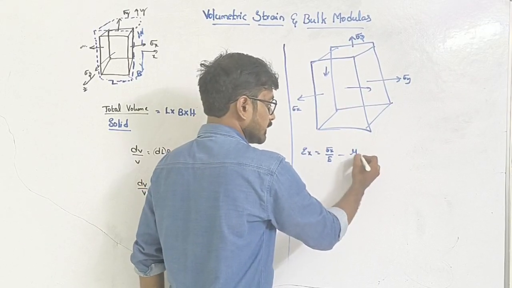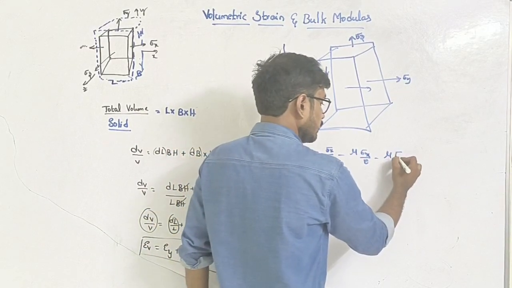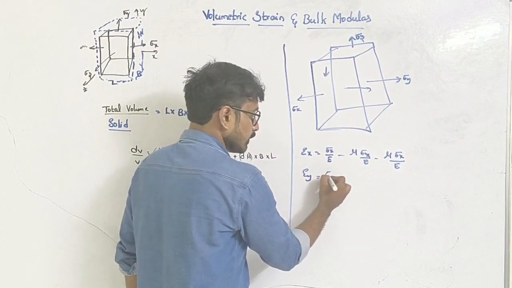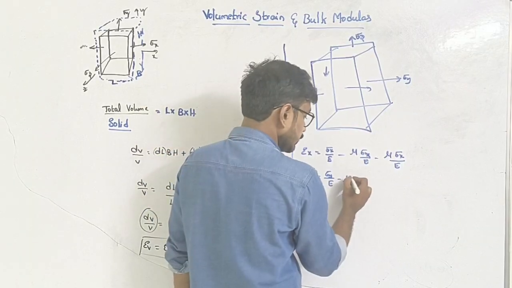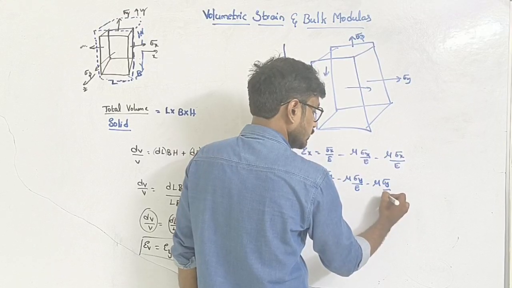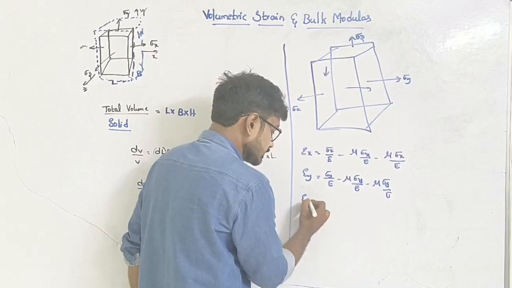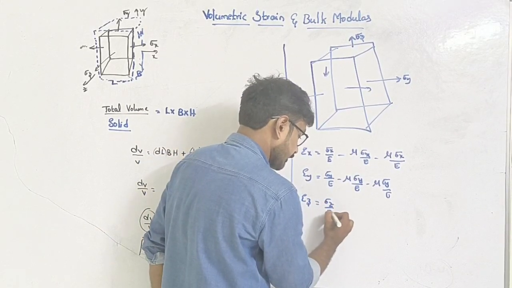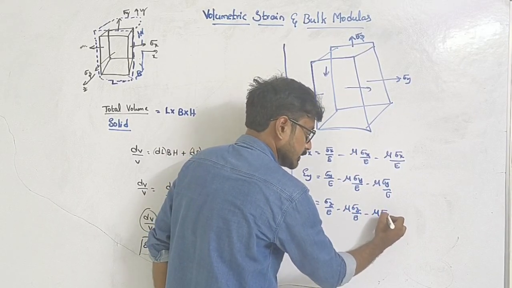So the strain in the y direction will be sigma y by E minus mu into sigma x by E minus mu into sigma z by E. This is the lateral strain caused by the stresses in the other directions. Next, the strain in the z direction will be sigma z by E minus mu into sigma x by E minus mu into sigma y by E.